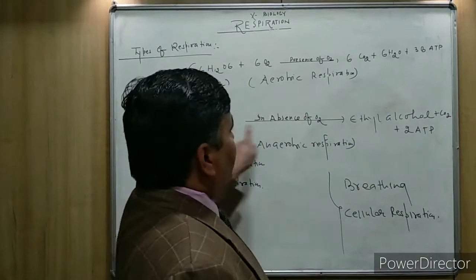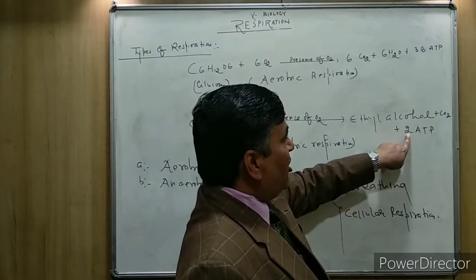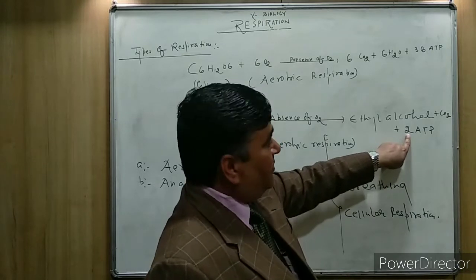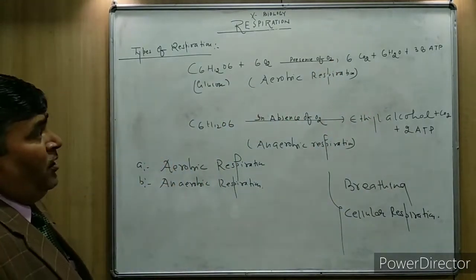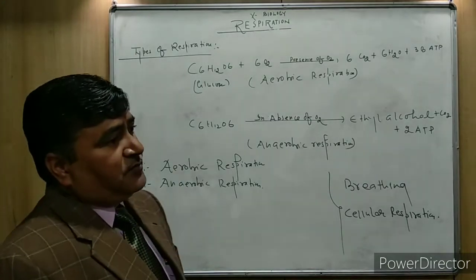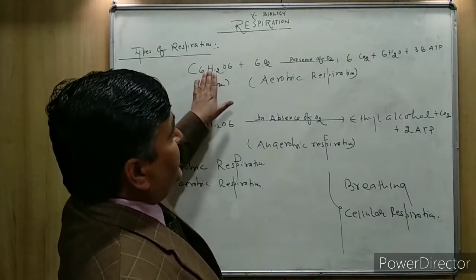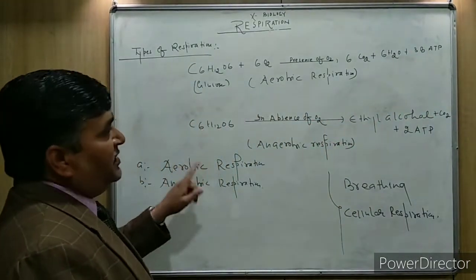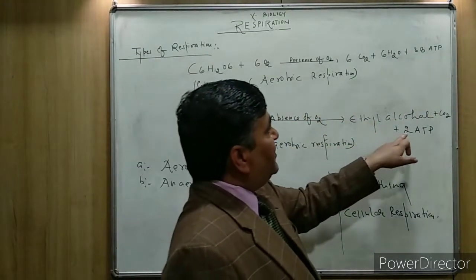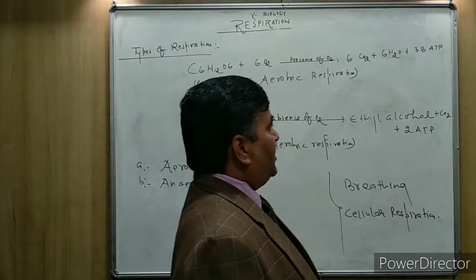And one molecule of glucose gives rise to only how many ATP molecules? 2 ATP. So, in the presence of oxygen, the glucose gives rise to more energy, and in the absence of oxygen, glucose gives rise to only 2 ATP molecules.